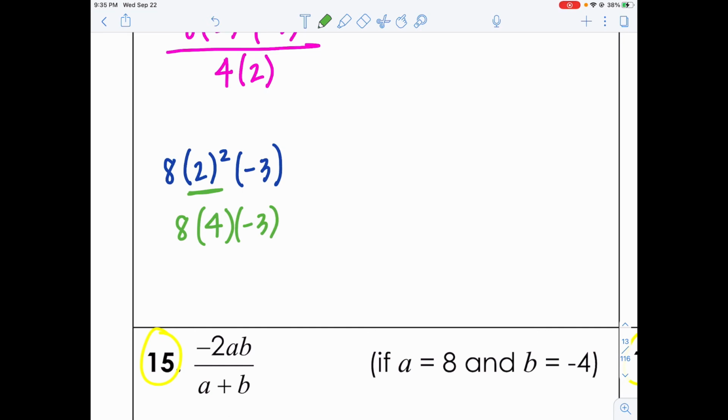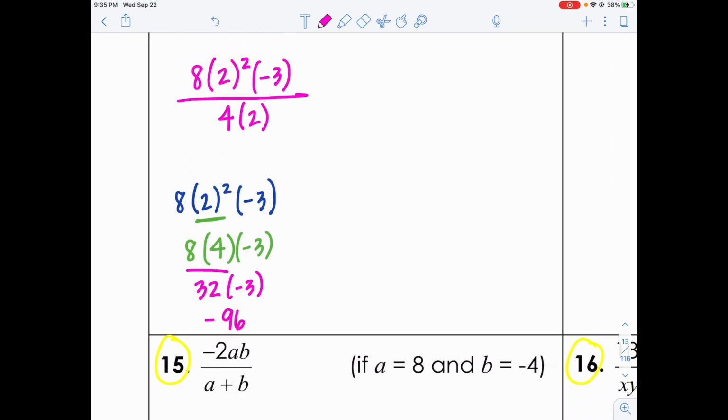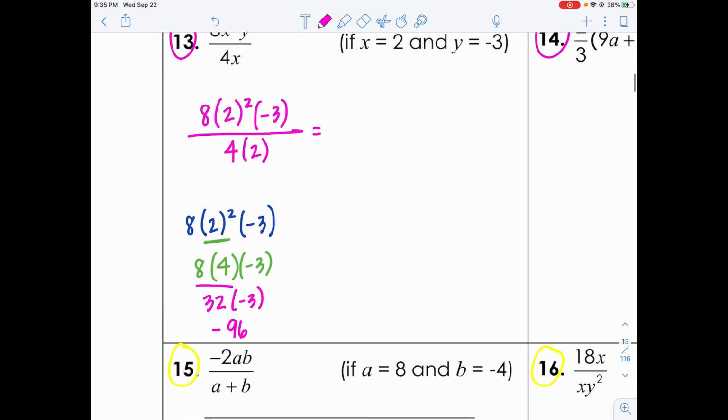I'm going to do the multiplication on this first. 8 times 4 gives me 32. And 32 times a negative 3 gives me a negative 96. So now I'm going to go back and put a negative 96 as the top of this fraction or this division problem.